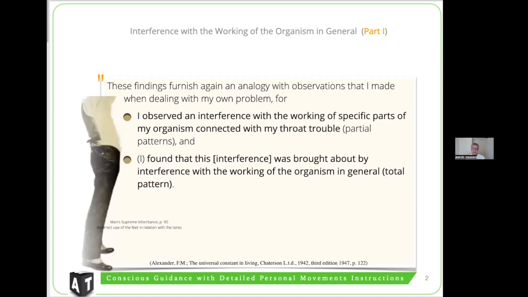represents what Alexander thought was an interference with the working of the organism in general. And we have here all the different misuses. We have the active shortening of the back. We have the protruding abdomen. When I say protruding abdomen, you have to understand what it means, because Alexander just says protruding abdomen in his very particular way.